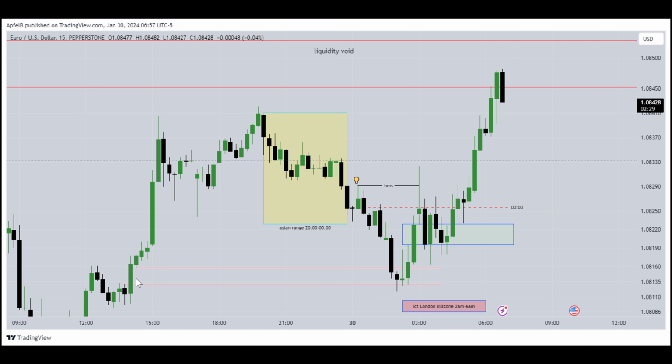If you are scared to put your buy limit order around here, if you're not sure about this inefficiency here, you can wait for a market structure shift, and that's what we shall be looking at.